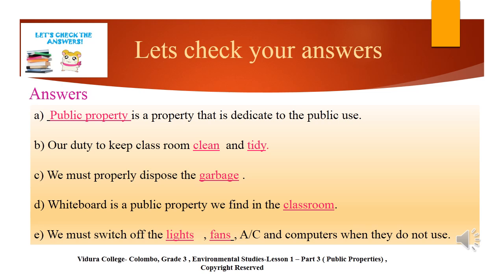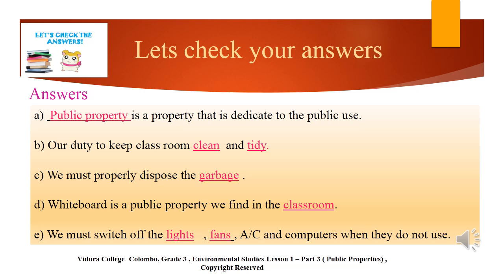Are you ready to check your answers now? Okay. Let's see the answers for these questions. A. What is the correct answer for the blank? Public property. Public property is a property that is dedicated to the public use. B. Our duty to keep classroom clean and tidy.